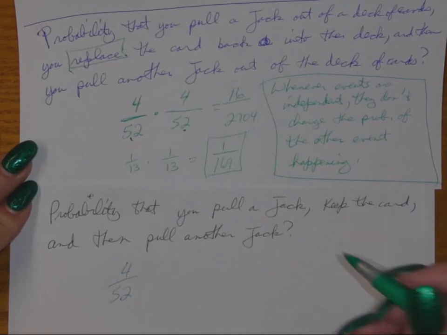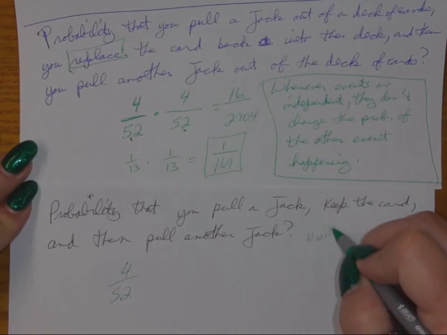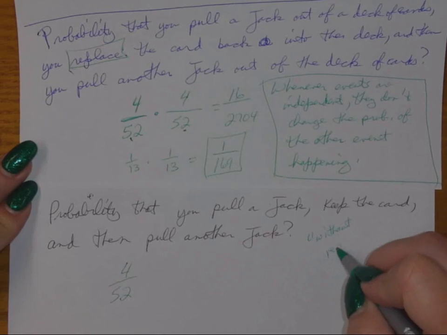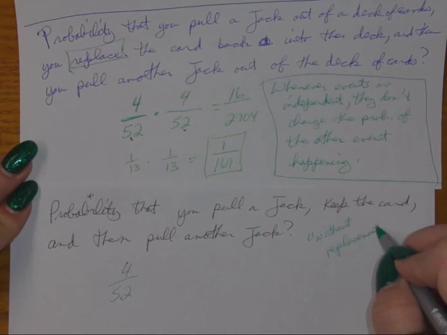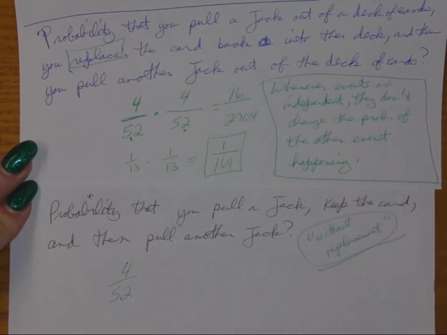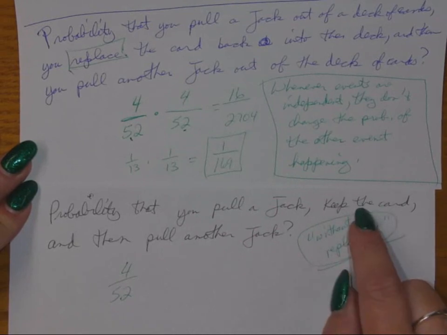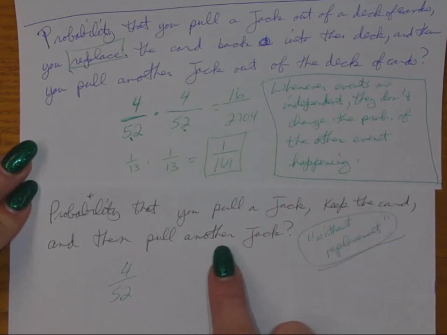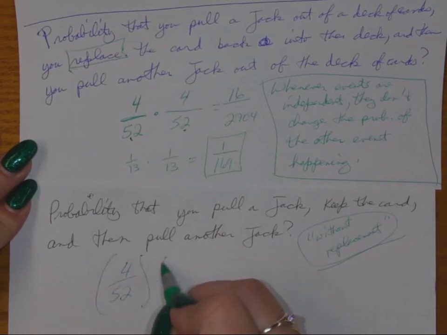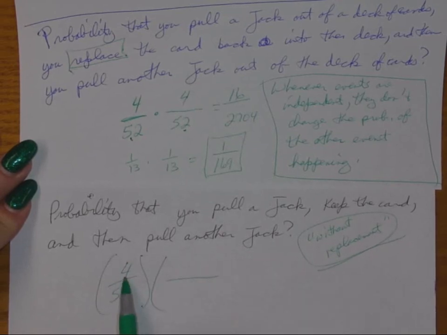So this is oftentimes called without replacement. Think about that. Because I keep the card, it changes the probability for the next one that I draw. So let's think about it. How many jacks are in that deck of cards? There were 4, but I kept one of them.